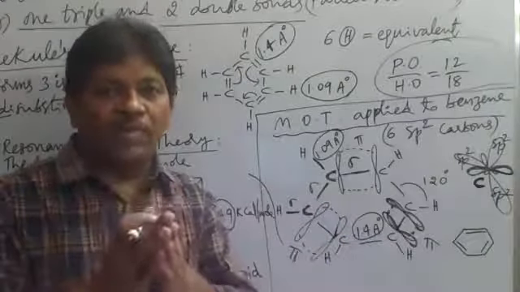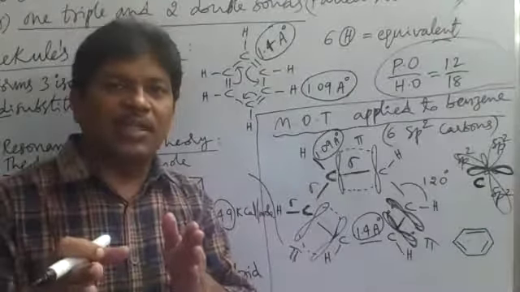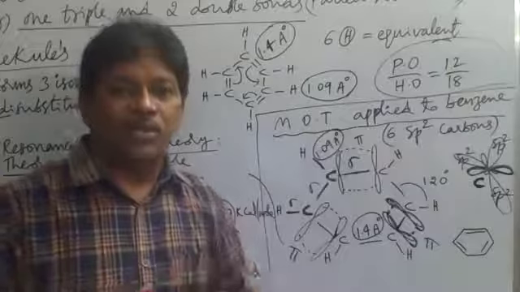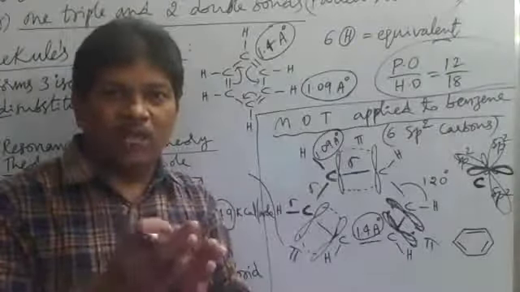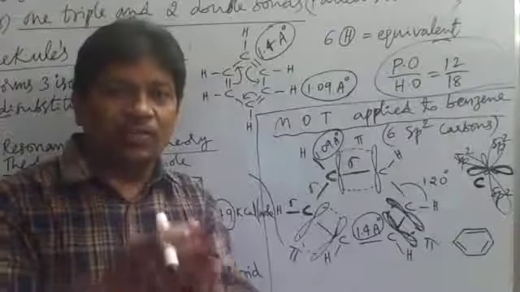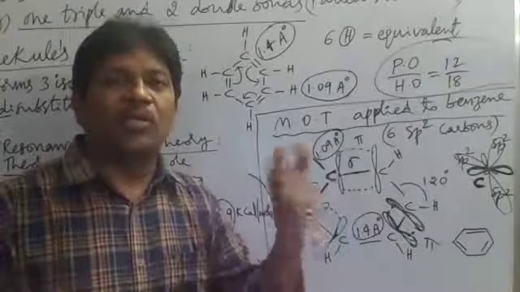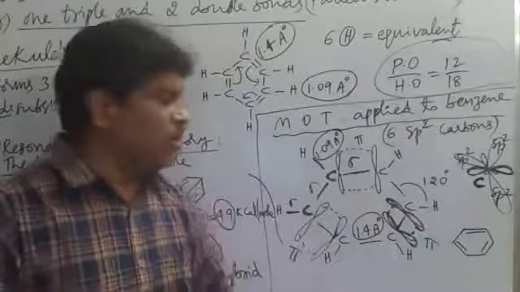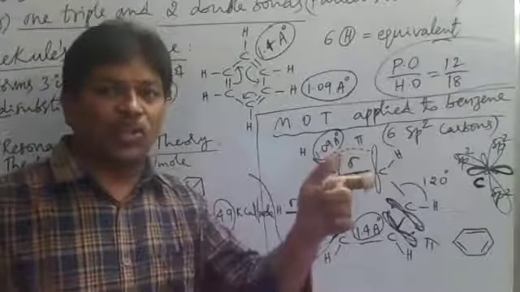So 1.4 angstroms is in between the carbon-carbon double bond length and the carbon-carbon single bond length. So the carbon-carbon bond length of benzene is in between the single bond length value and the double bond length value. The single bond length value, I told you, is 1.54 angstroms.